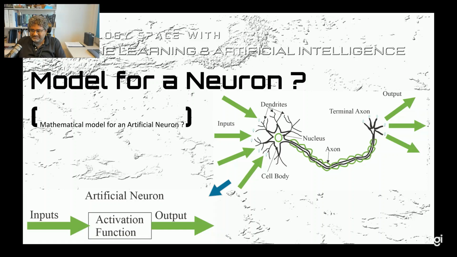In general, you get a single electrical energy as output, but different terminal axons can deliver this output in multiple directions. This is the behavior of biological neurons, and this idea has been adopted for artificial neurons. So let's make a mathematical model for an artificial neuron based on this simple concept.